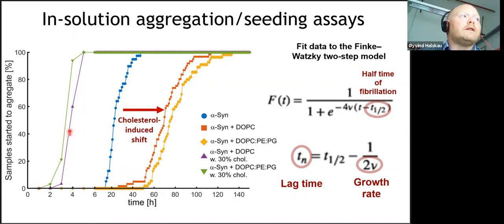We could fit this data to what is called the Finke-Watzke two-step model, and there are three important parameters here: the half-time of fibrillation, which is here, the lag time, which is related to when this curve starts, and the growth rate.